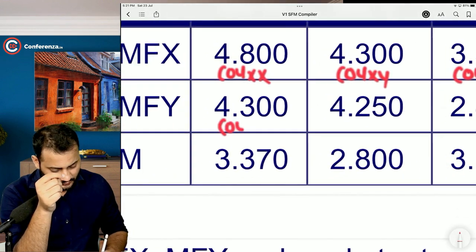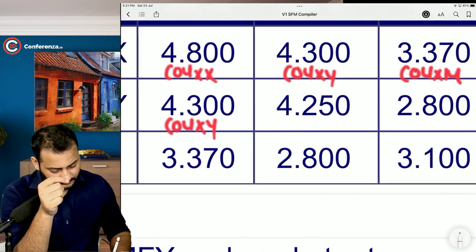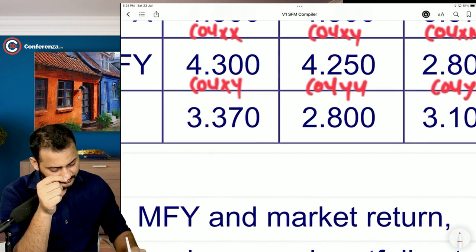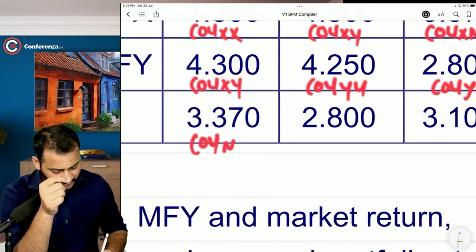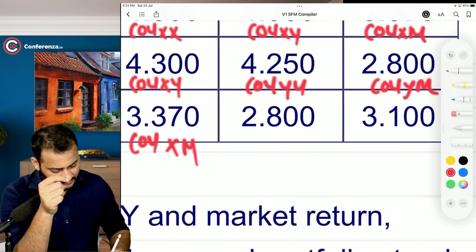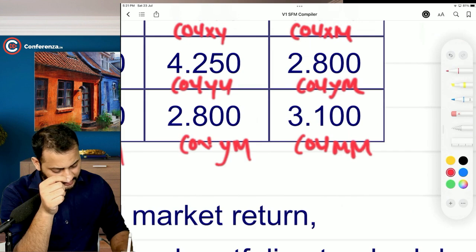Then covariance of Y with X, then covariance of Y with Y and covariance of Y with market. Then covariance of market with X, or we can say XM, X with market, covariance of Y with market, and covariance of market with market.